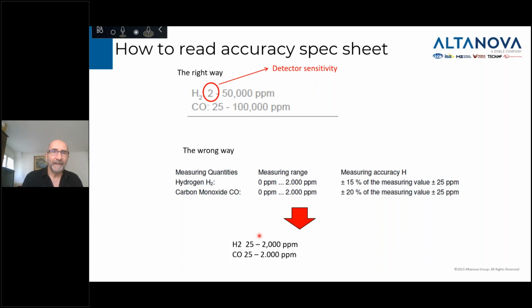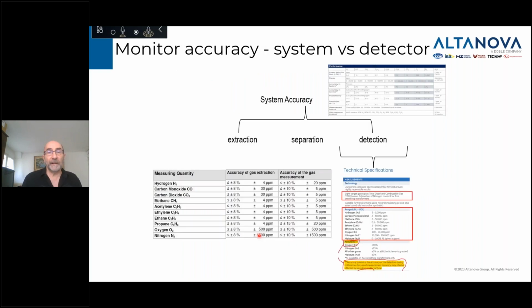The next one is the accuracy, and that's a very, very important spec in any kind of equipment or any kind of lab. When you look at accuracy, whether the lab, the portable, or an online monitor, you have to look at what we call system accuracy. What does that mean? Well, system accuracy is made out of the extraction accuracy or efficiency. How good are you at extracting all the gas in the time period you're allowing the extraction to happen?